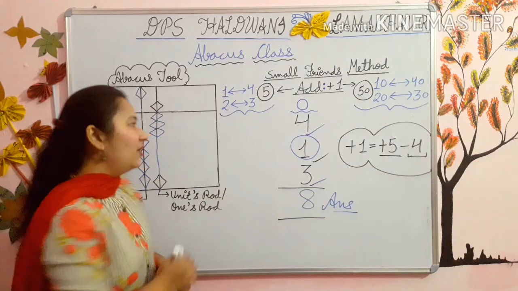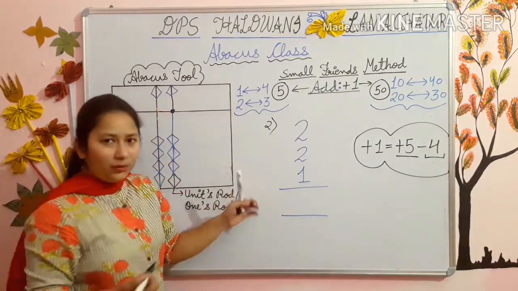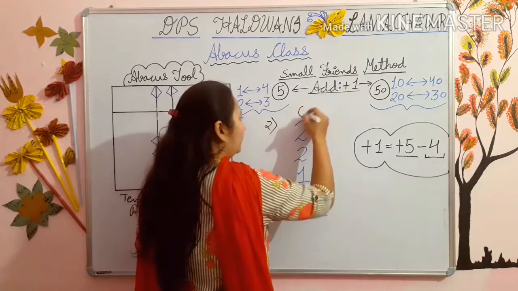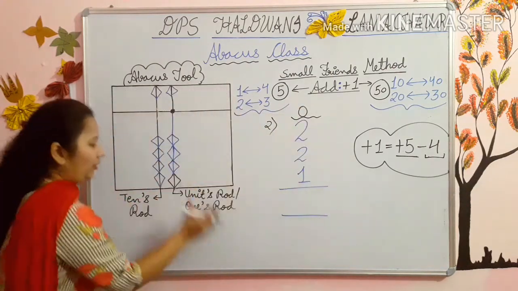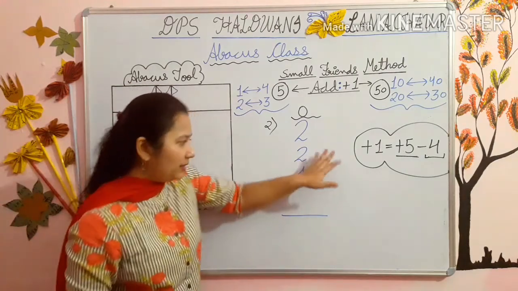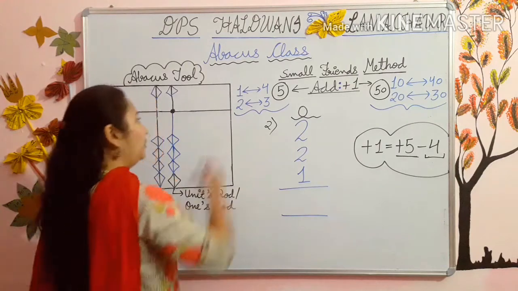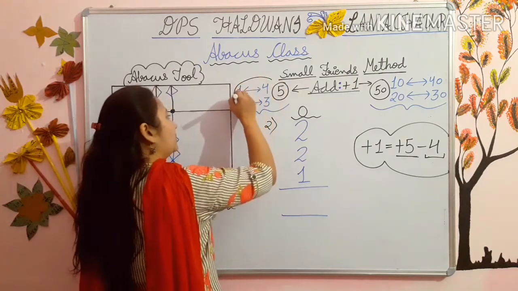Yes kids. Now we will go for our second sum. You will get it more. You all know that this rod goes in ones, or you can say units rod. Now students, as you can see your sum is there. This today you will only do the sums related to this.